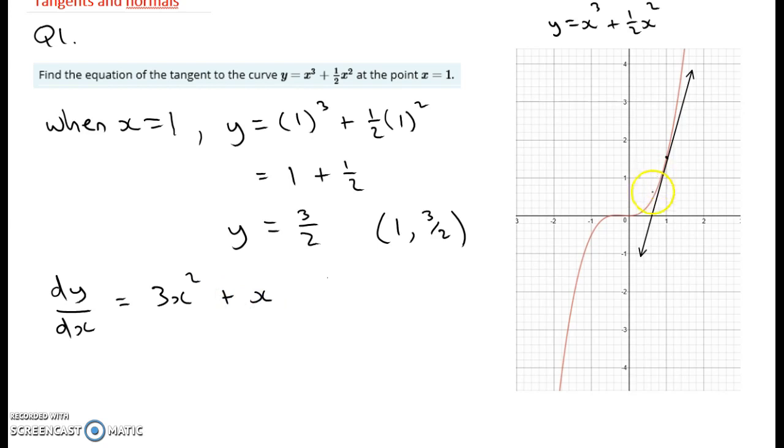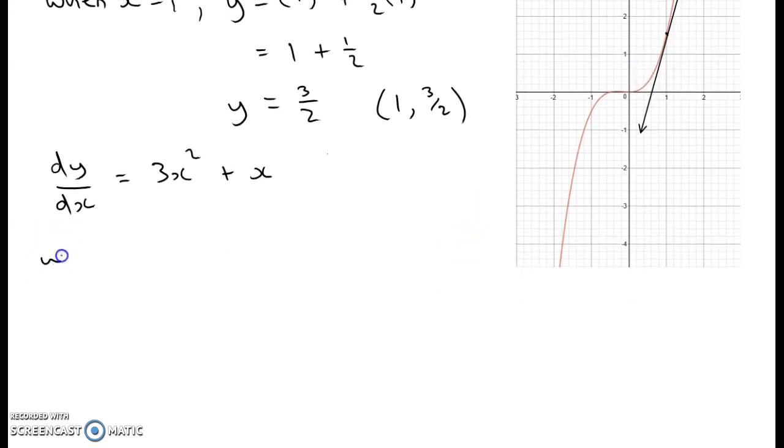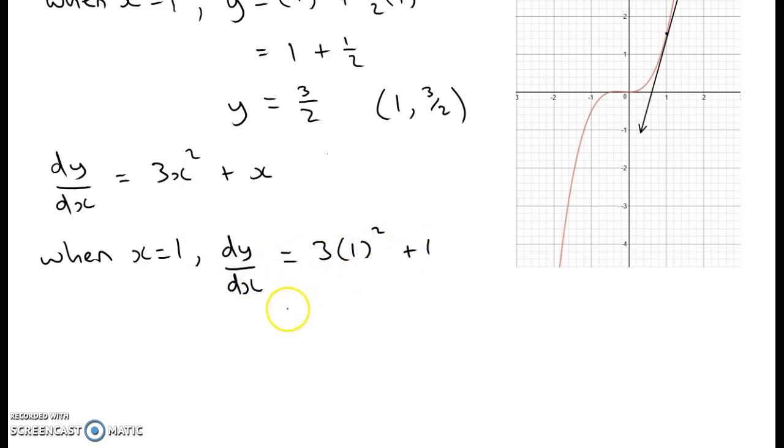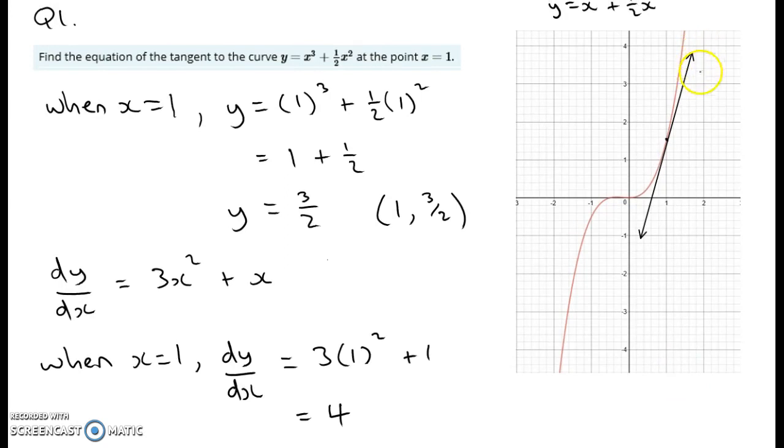The gradient of the tangent at x equals 1 will be the value of this derivative at x equals 1. So when x equals 1, dy/dx equals 3 times 1 squared plus 1, which equals 4. So the gradient of this line is 4.